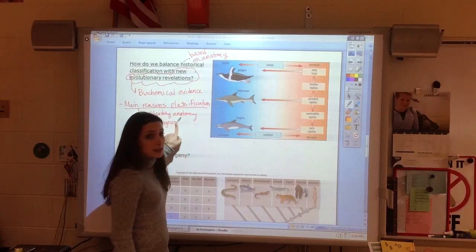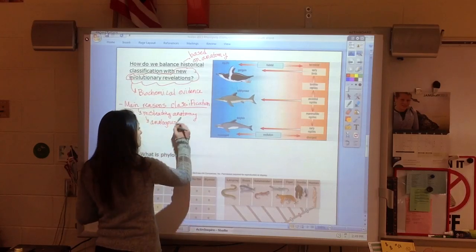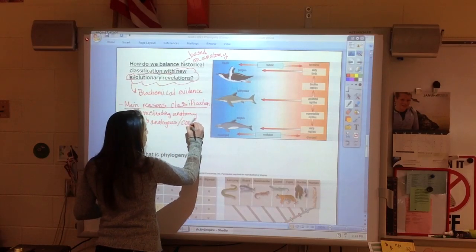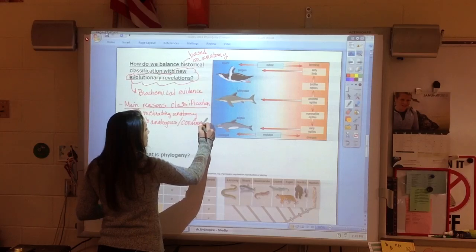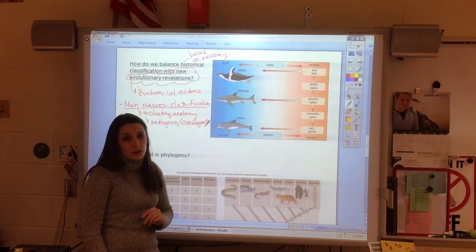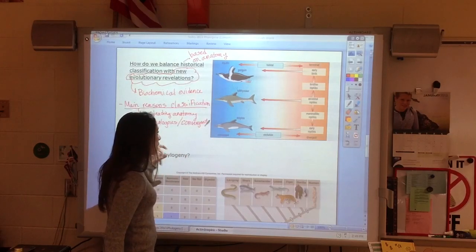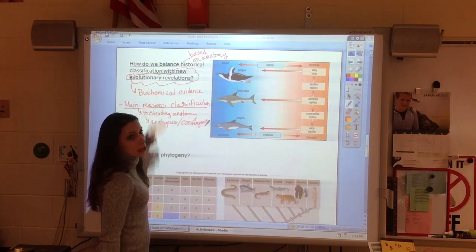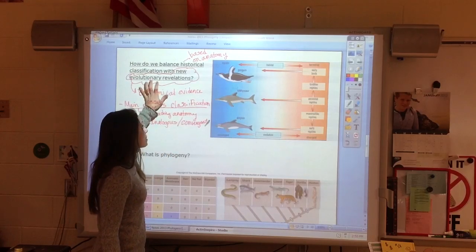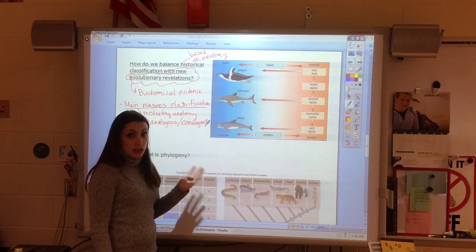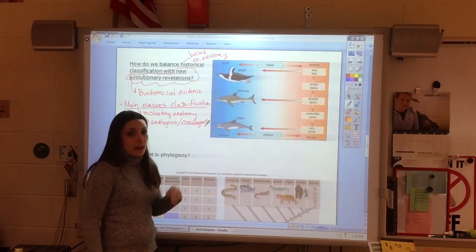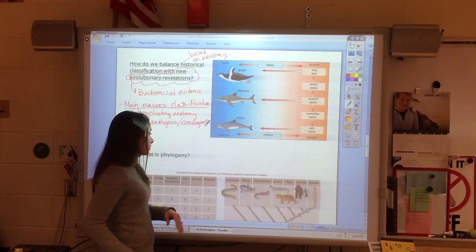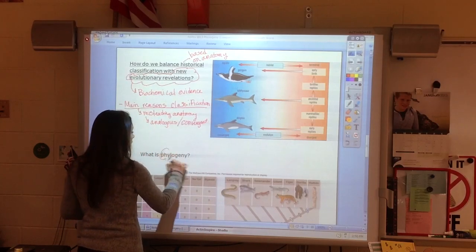And that was sometimes misleading because of analogous structures, which are the result of, as this diagram reminds us, convergent evolution. So there are times where we need to actually change our classification based on our evolutionary relationships that we see.